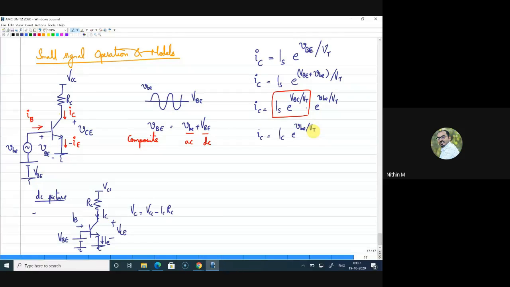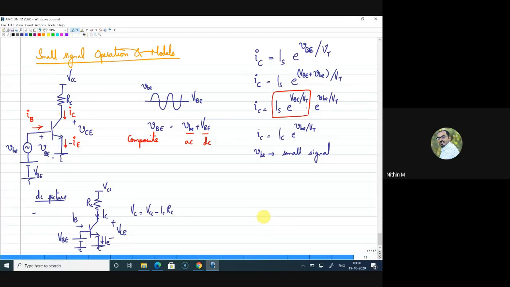Right. Now we know that the voltage which we applied here, small vbe, is a small signal voltage. So if vbe is a small signal, right, how can I approximate e to the power of x, where x is very small? So how can I approximate that? Yes, I'm seeing the responses from everyone.